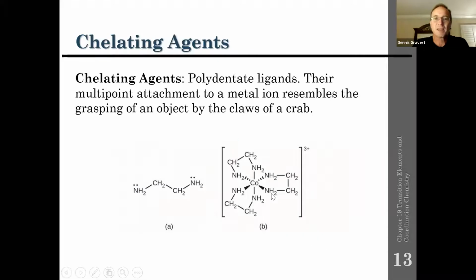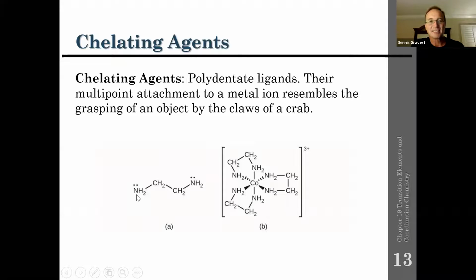Oh, here we go. We've got en, ethylene diamine, bidentate, has 2. They call them chelating agents, another word for the polydentate ligands. They can bite twice. Now we're not talking about teeth; we're thinking of a crab with pinchers. The pincher has 2 points of contact.